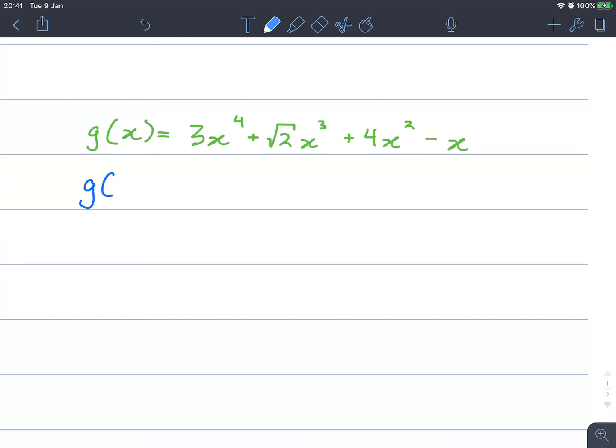g of x is a polynomial. Degree, I want you guys to try and figure out what the degree is. Well, the highest power of x is 4, so it is degree 4.